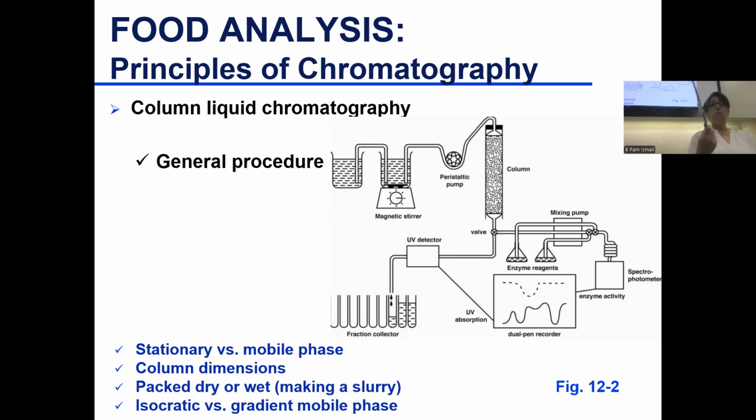When we talk about resolution, we're going to explain that the longer the column and the narrower it is, the better the resolution. So remember this for now, and we're going to talk about it more when we cover resolution. Longer columns, narrower in diameter, will usually have better separation, so better resolution.